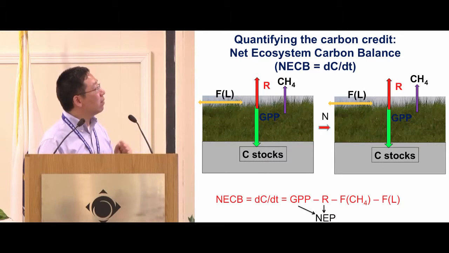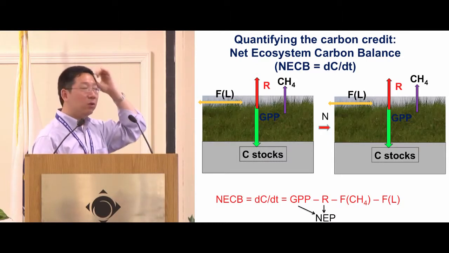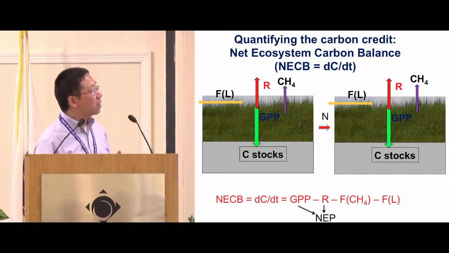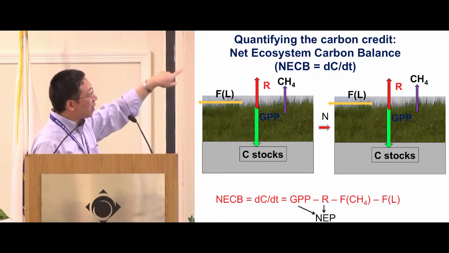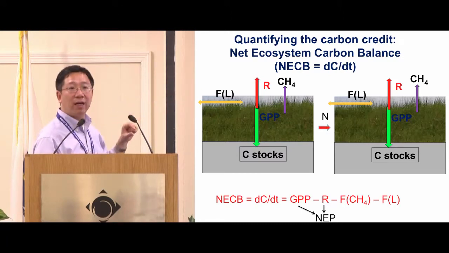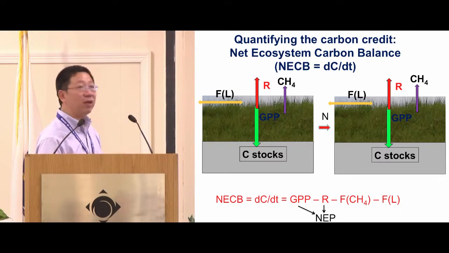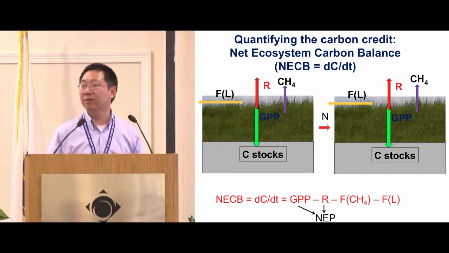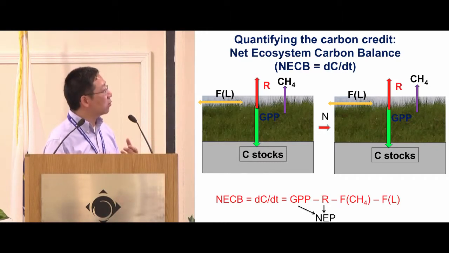We also have the methane flux, the purple line here, CH4, which is released from the system. And of course, there's an exchange of carbon through what we call the lateral flux, FL here. The lateral flux is also very complex, involving changes in DOC, dissolved organic carbon, and nitrogen as well.